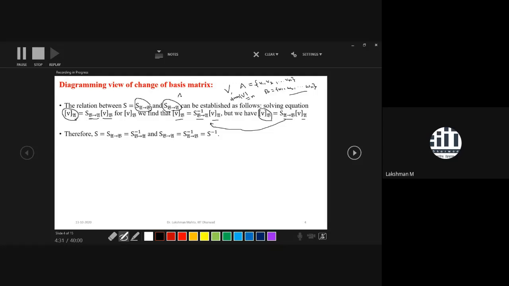When you are going from A to B, what is the name of your change of basis matrix?